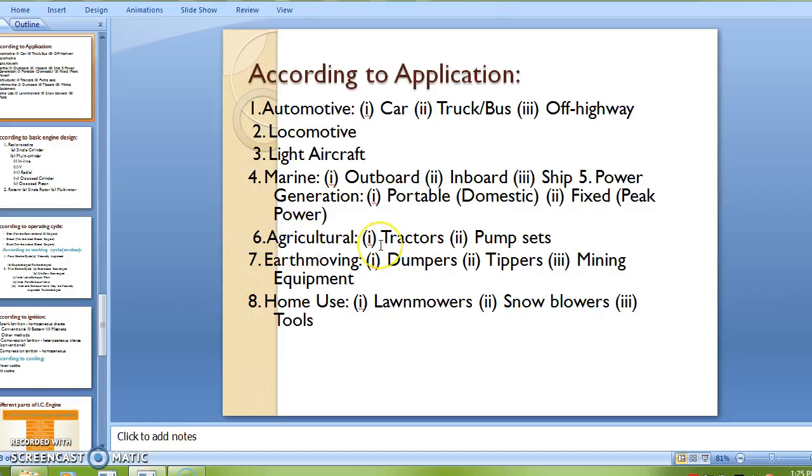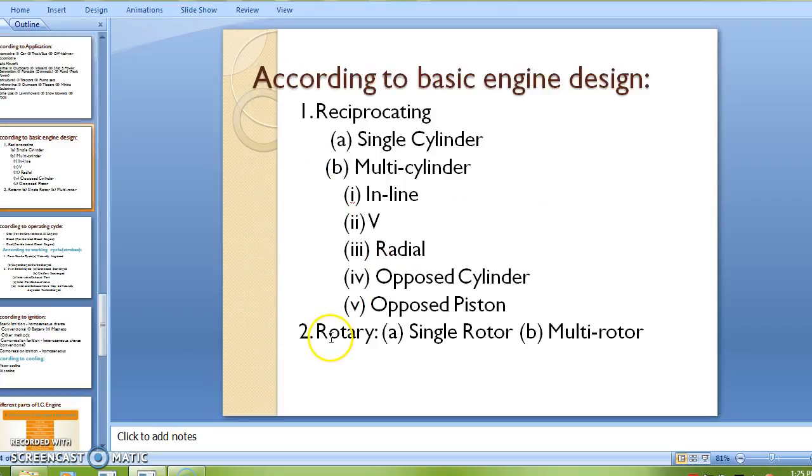Sixth is agriculture, which is used in tractors, pump sets. Seventh is earth moving: dumper, tipper, mining equipment. Then home use: lawn mower, snow blowers and tools.